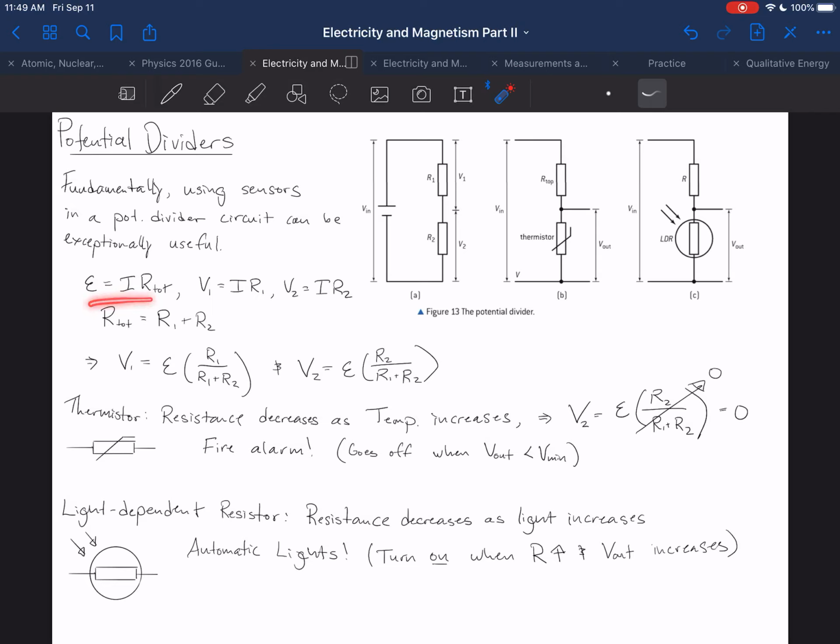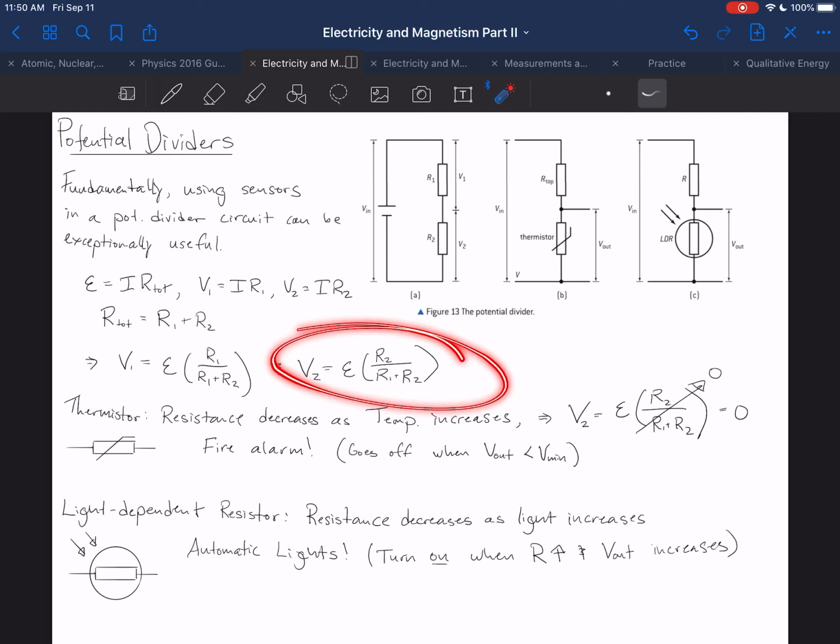If the EMF is equal to I times the total resistance here, the potential difference across the first resistor is I times R1. The potential difference across the second resistor is I times R2. Then the total resistance is R1 plus R2. Then the potential difference across R1 is equal to the EMF times R1 over R1 plus R2.